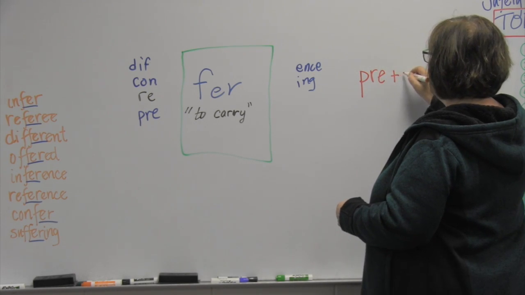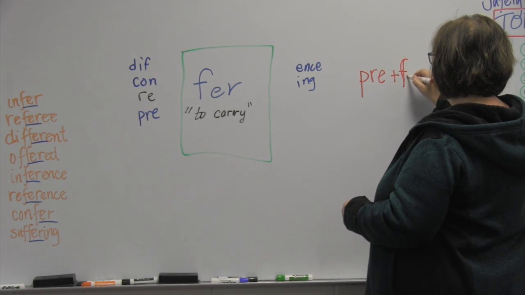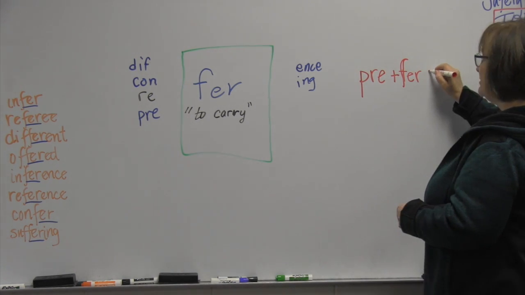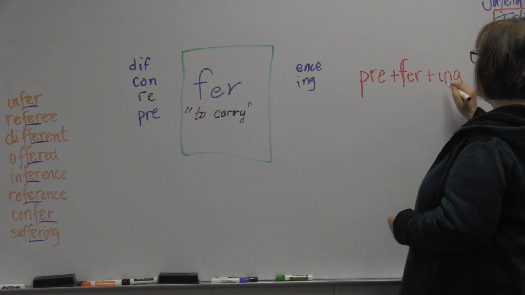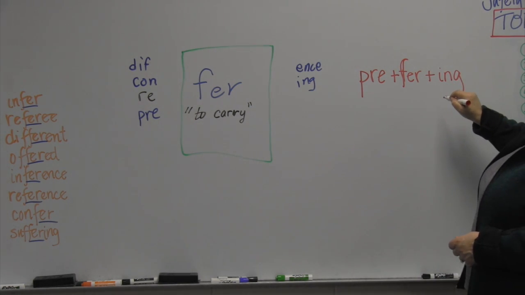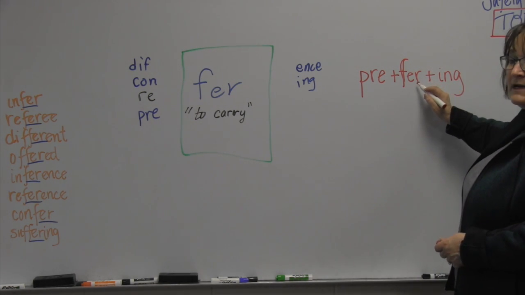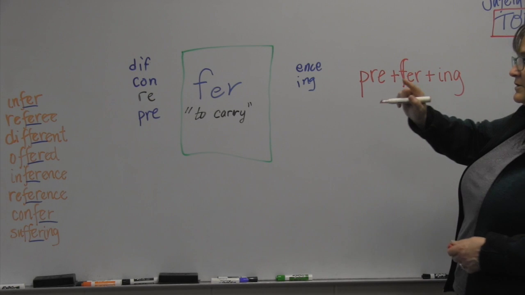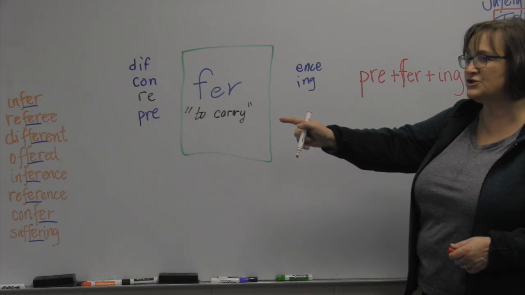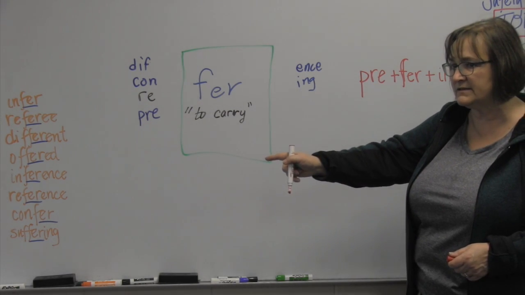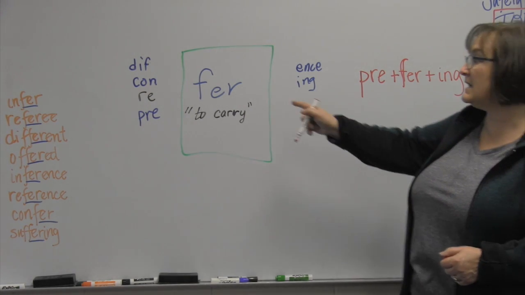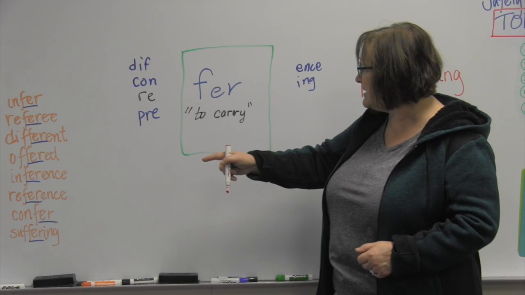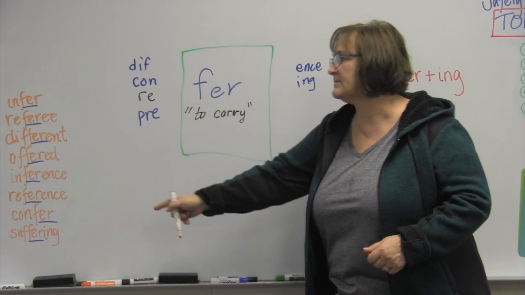If we have PRE plus our base, FER, plus our suffix, okay? Yeah, we need to look and we see we have a vowel suffix here. And we might double this. But what word over there should follow the same thing and isn't? On the list. Not anything you put up here already, I don't think. I'm looking at that list.